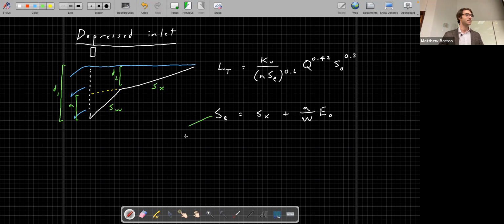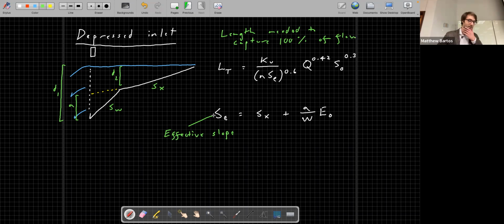So let me just define this. This is the effective slope. This here is the length needed to capture 100% of the flow.